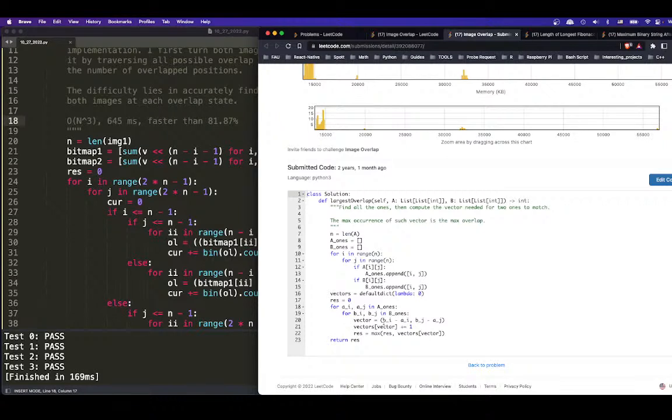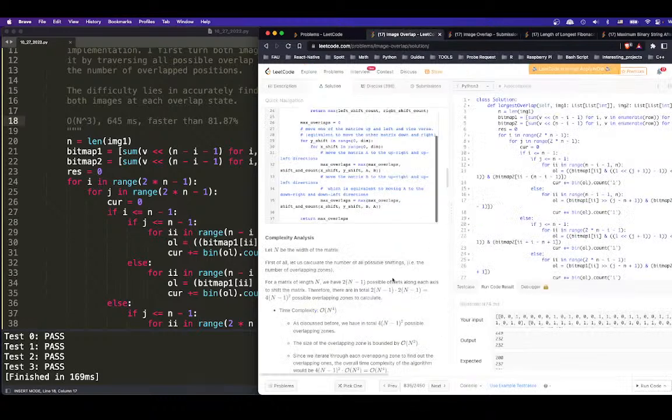So from B to A, you go that direction, so those two ones will overlap. And if the same vector occurs again, you don't have to, because the entire thing shifts. So the vector of shifting is exactly the same. Oh, this is so much easier. So that's the vector idea.